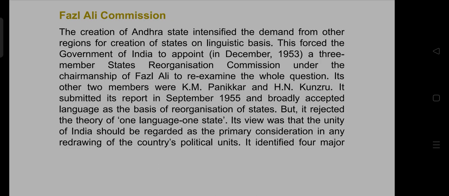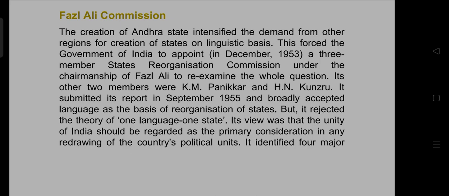Its other two members were K.M. Panikkar and H.N. Kunzru. It submitted its report in September 1955 and broadly accepted language as the basis of reorganization of the states, but it rejected the theory of one language, one state.